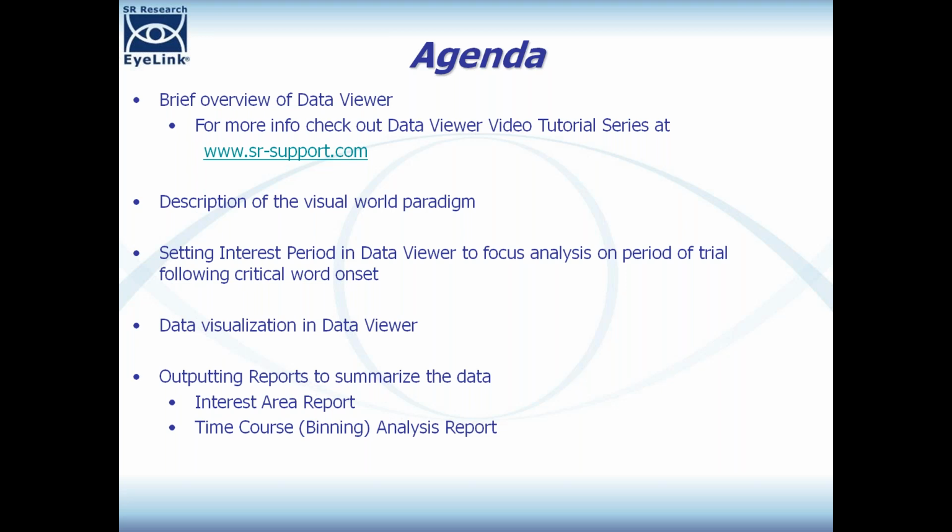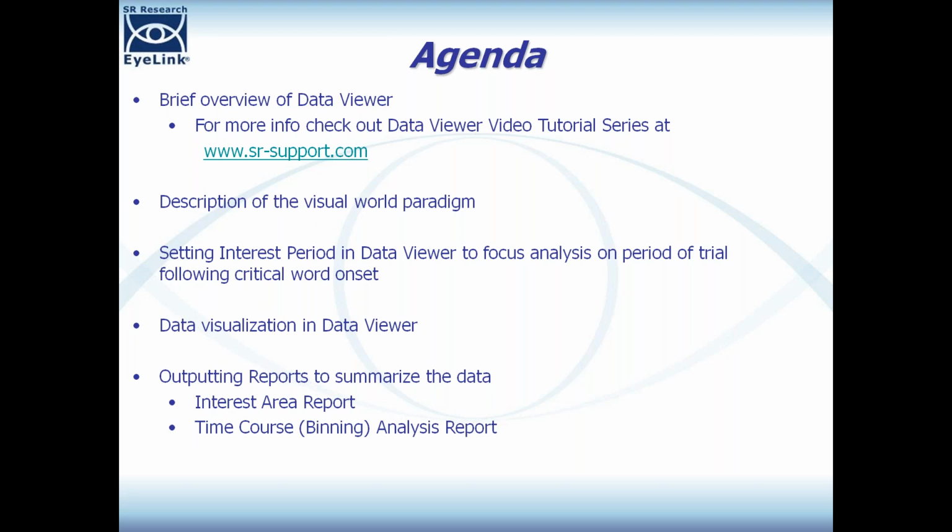The idea is that Data Viewer is an intermediate step between data collection and statistical analyses. It allows you to do gaze data to interest area matching, and then output your data in an organized format that's going to be friendly with any stats program. You'll import your data into Data Viewer, do all the analyses, visualizations and interest area work that you need to do.